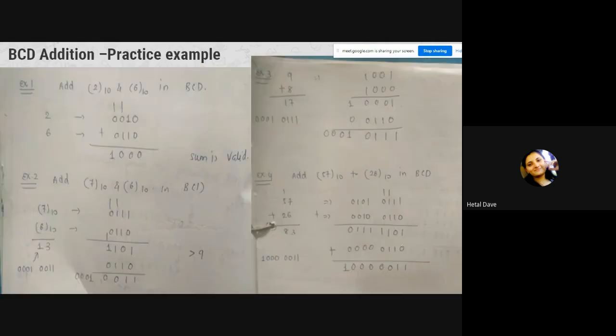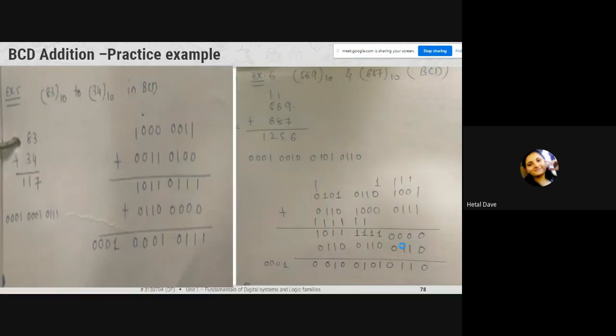Everyone will do it. 57 and 26. You can verify your answer by yourself.